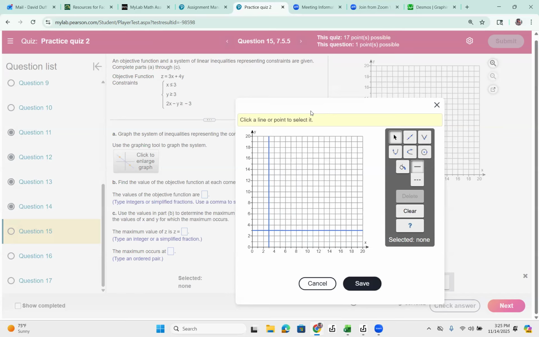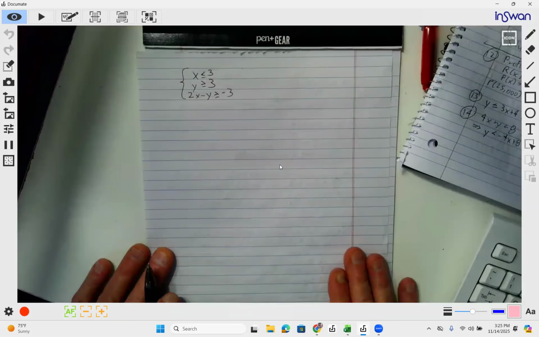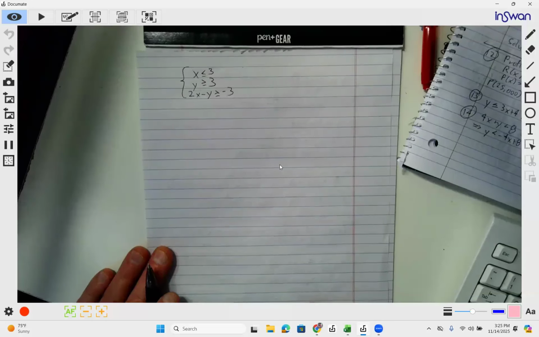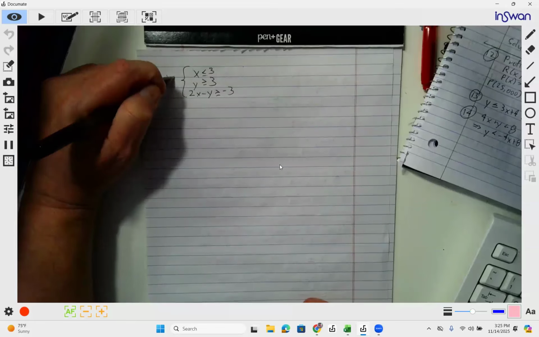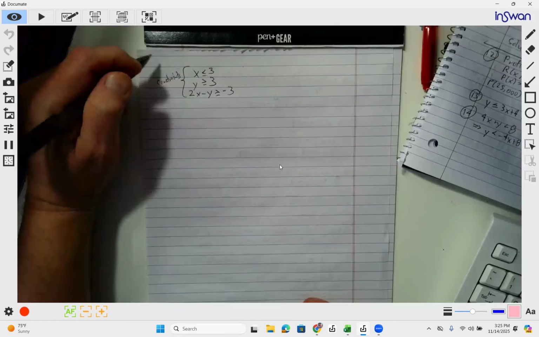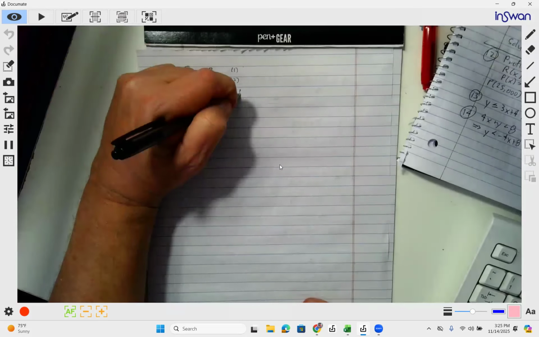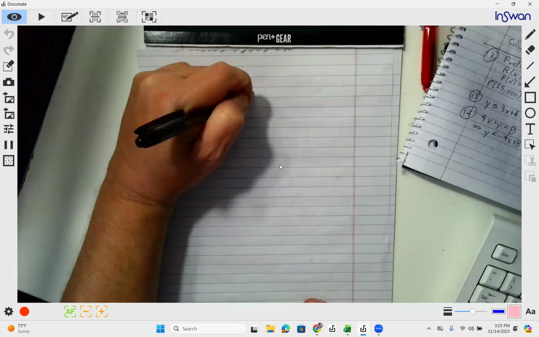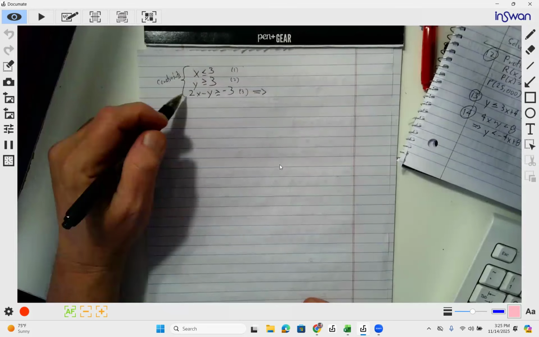So let me flip over to my InSwap. We want all these constraints to be in slope-intercept form. The first 2 are fine, 1 and 2 are fine, but 3 is not. So our objective is to put this in a slope-intercept form.